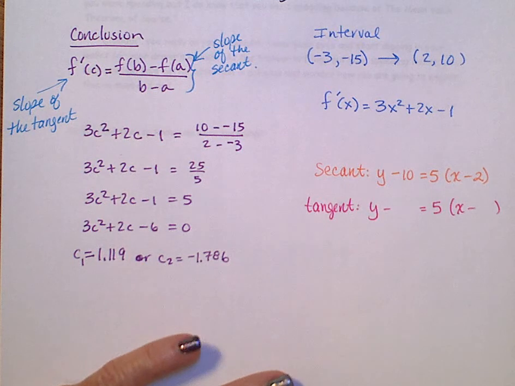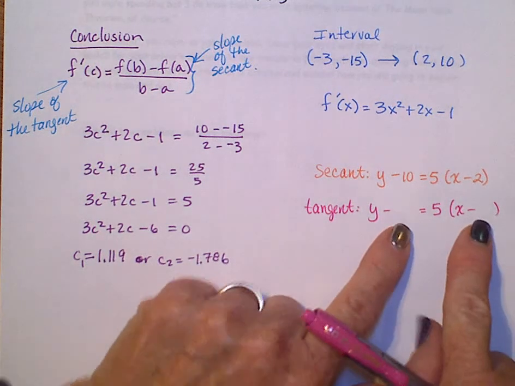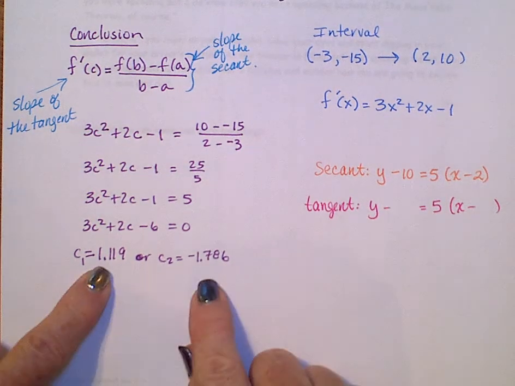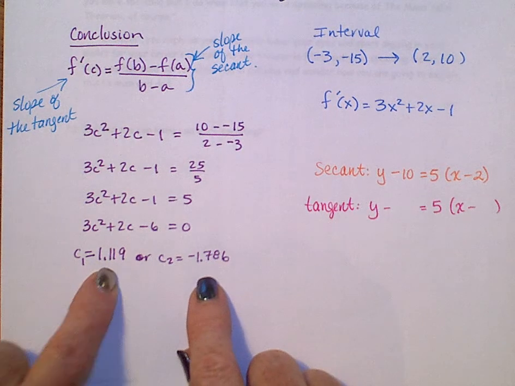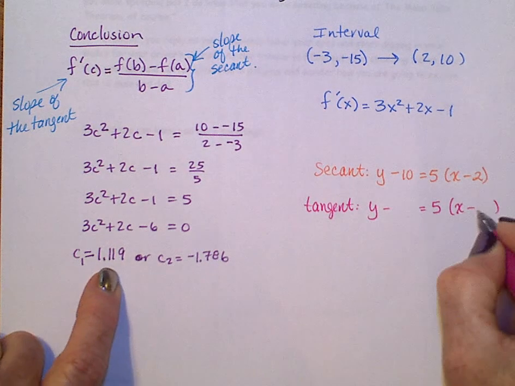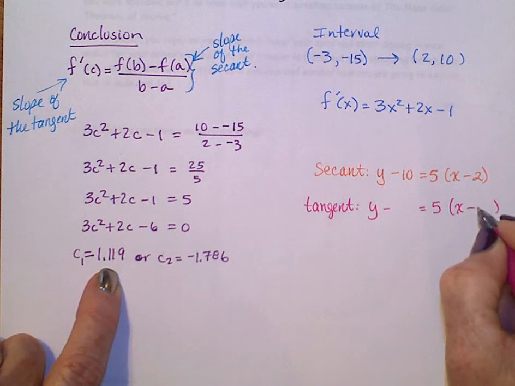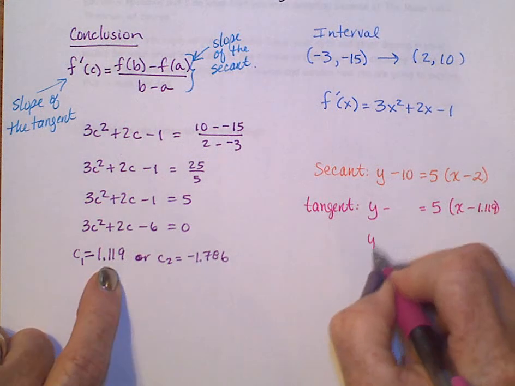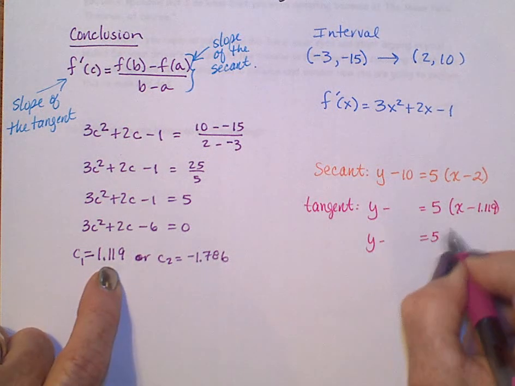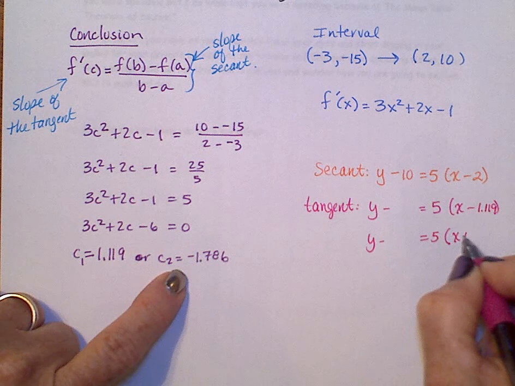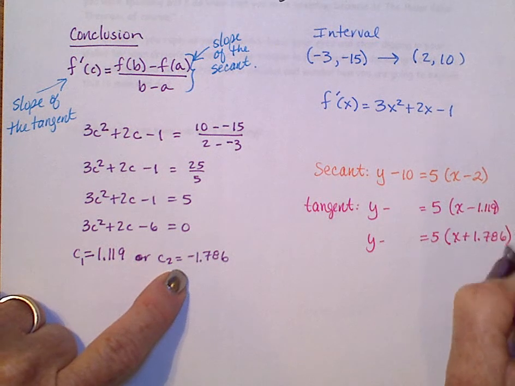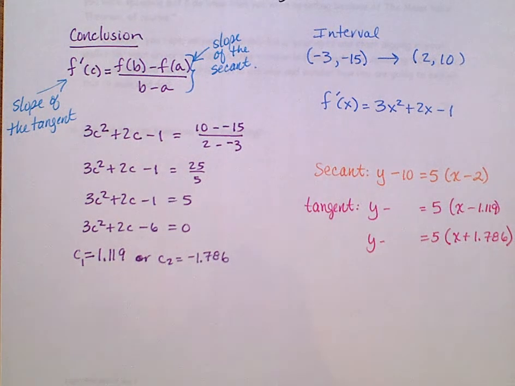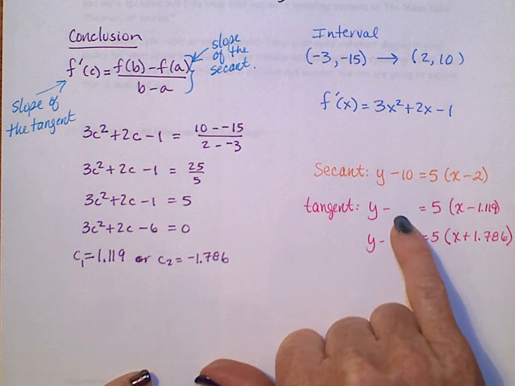All right, these spots are exactly where these particular x values occurred. So one of them is going to be x minus 1.119, and another one is going to be x plus 1.786. Okay, now we need to find that value right here.